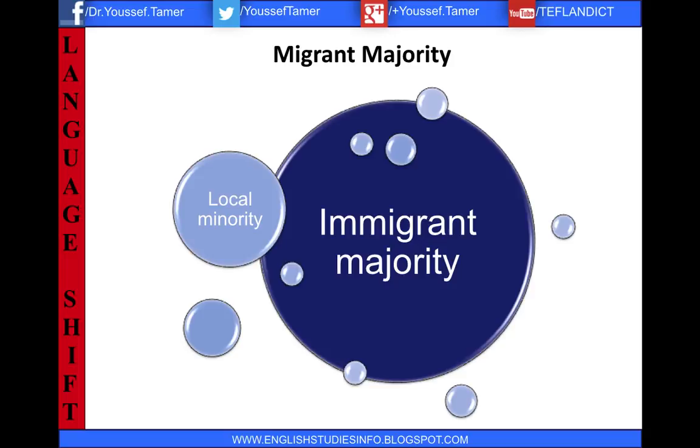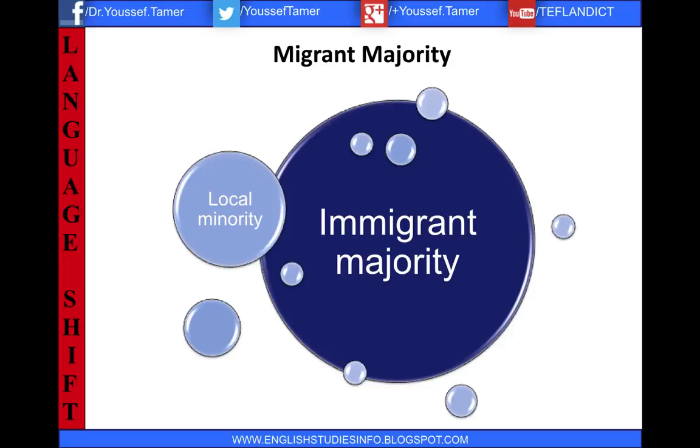The next scenario is like a migrant majority. This happens usually in situations of colonization, where you can have some people migrating to another place, especially if they colonize a country that is small, with not so many people, like Haiti, for example.